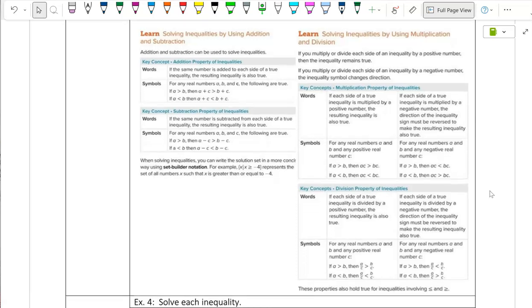The only difference that happens when we are solving inequalities versus equations is if we have to multiply or divide by a negative number. So we're going to add a little note in here.